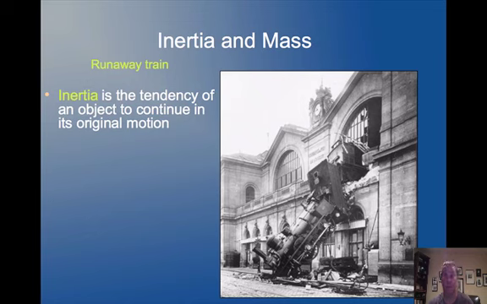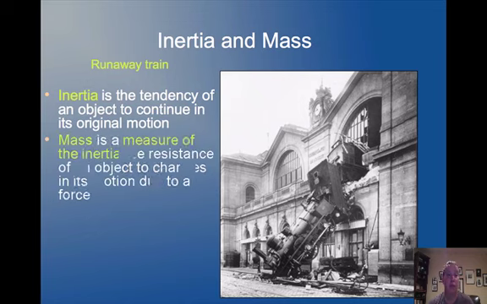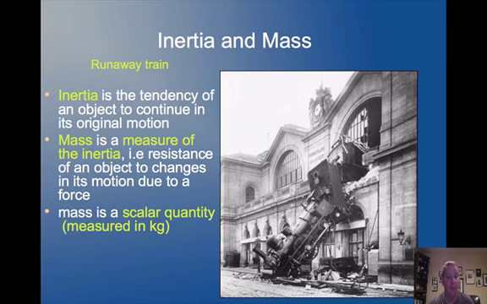And so this train had a lot of inertia because inertia is based on mass. While it was moving, it wanted to keep moving, and it wanted to keep moving really, really badly because, of course, it's incredibly massive, so it takes a lot of force to stop it, and this time they did not have enough force in it.